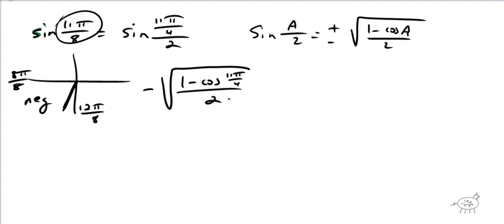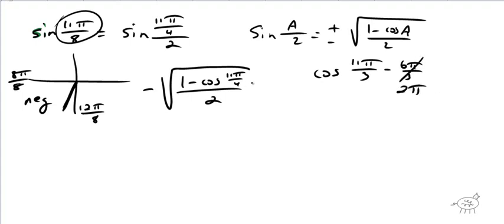over 2. Now that 11 pi over 4 is kind of a crazy one as well, because we really only know up to 7 pi over 4. So just like back in the day, what happens if you have something too big? What if you have, like, 11 pi over 3 from back in the day? What would you do? Well, wouldn't you subtract 6 pi over 3 or 2 pi, right, to do coterminal?